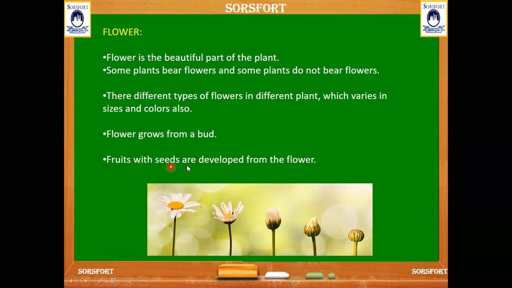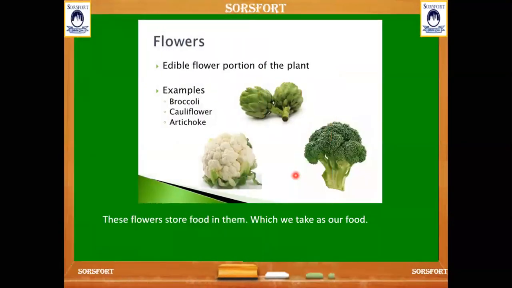Fruits with the seeds are developed from the flower. And here are flowers which store food in them. Here we can see broccoli, cauliflower, artichoke, which we take as our food. This part, the flower of the plant, we take as food.